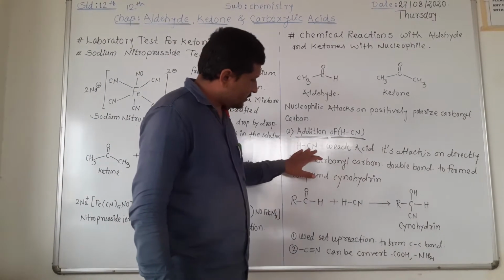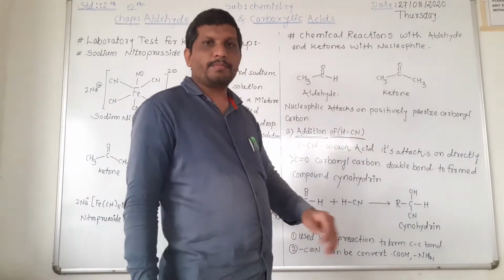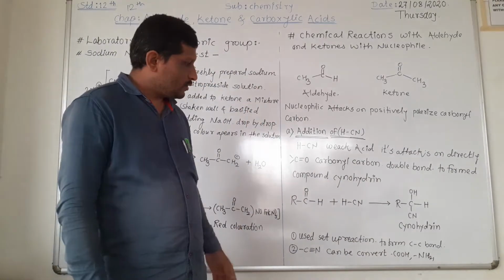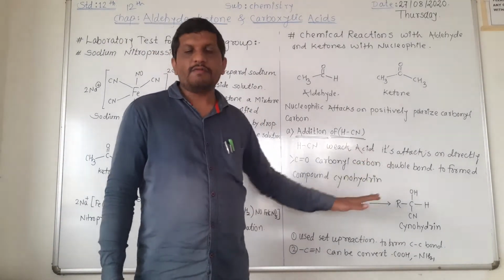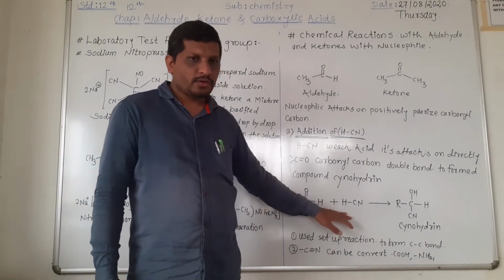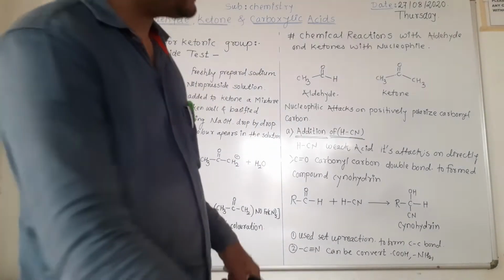Here is the hydrogen cyanide. It's a weak acid. A number of weak acids are also useful for this type of reaction. Now here is the general reaction. We see a direct example here, the addition of hydrogen cyanide.